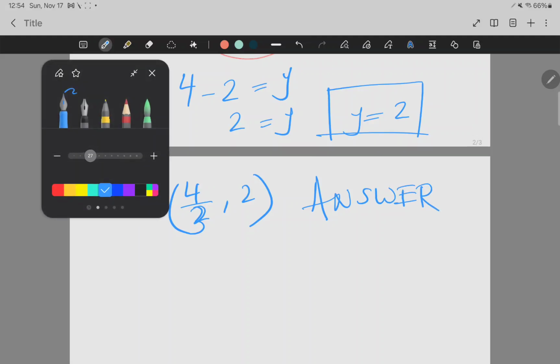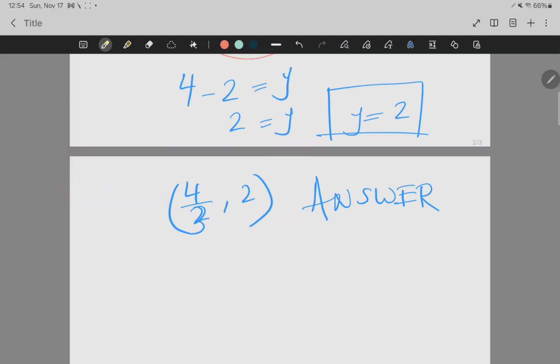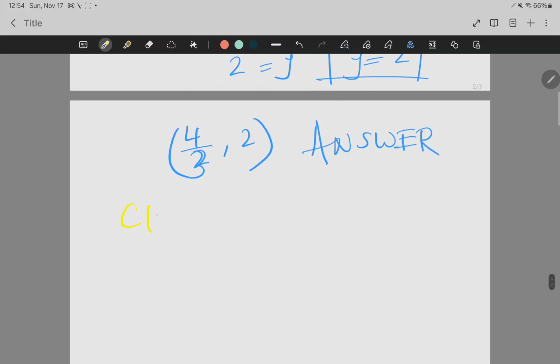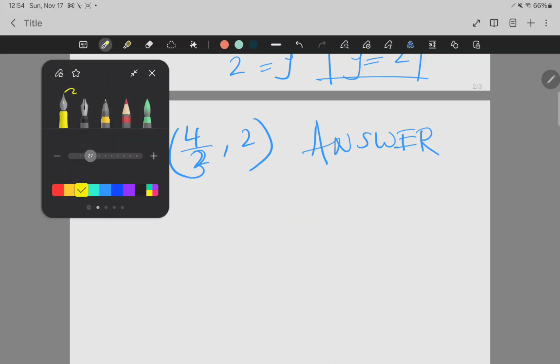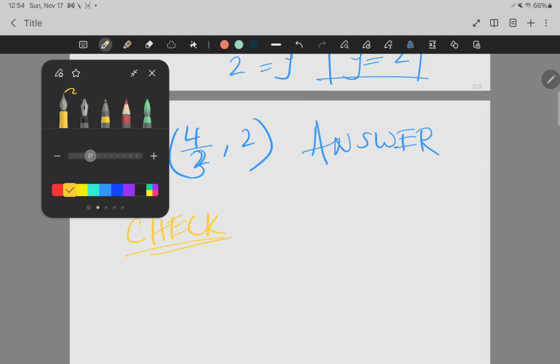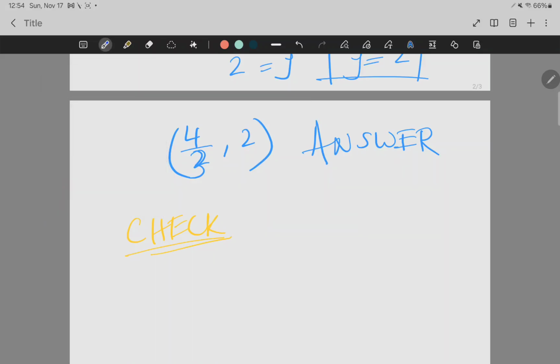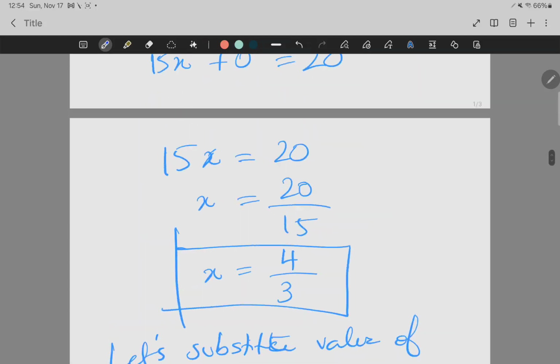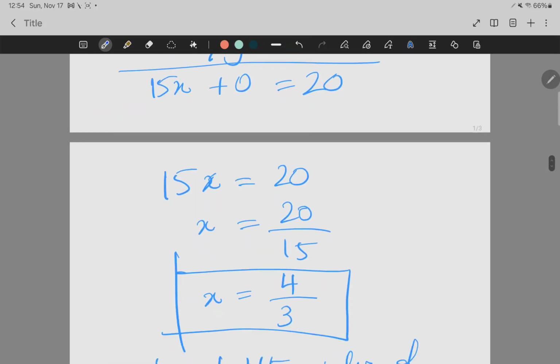What I love about linear equations is we can always check our answers. So let's do some checking. Let's pick the easiest equation. The first one was 3x minus y equals 2.